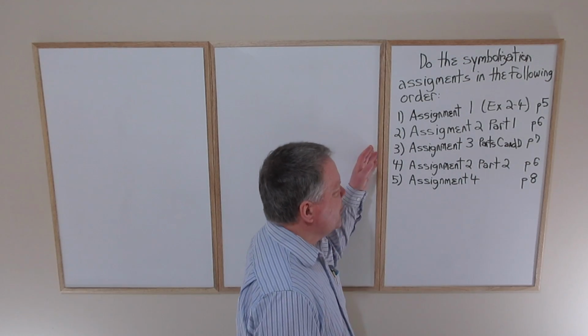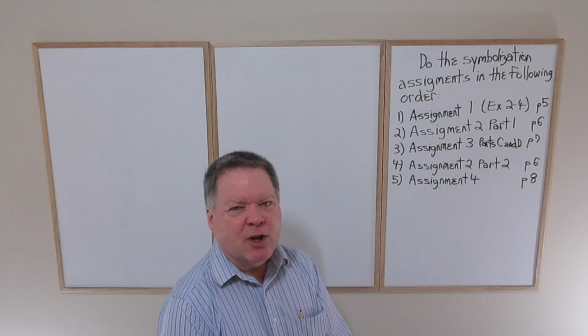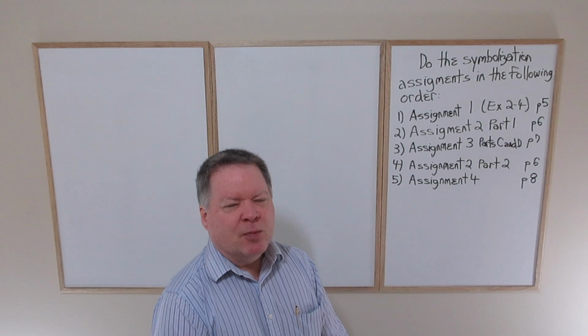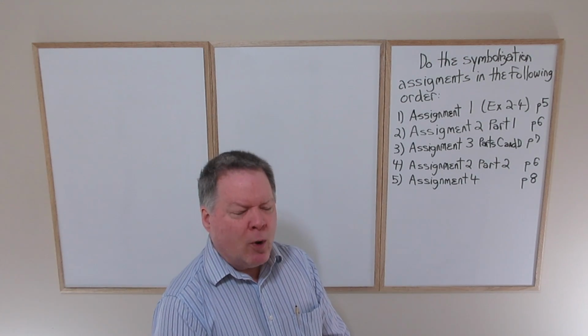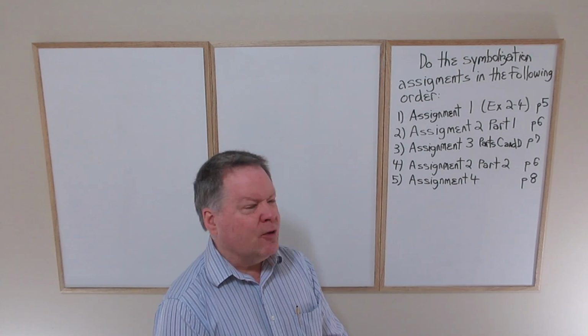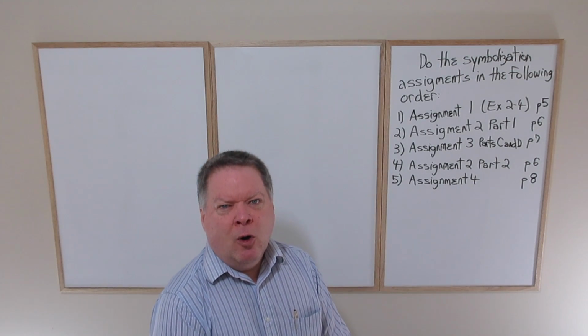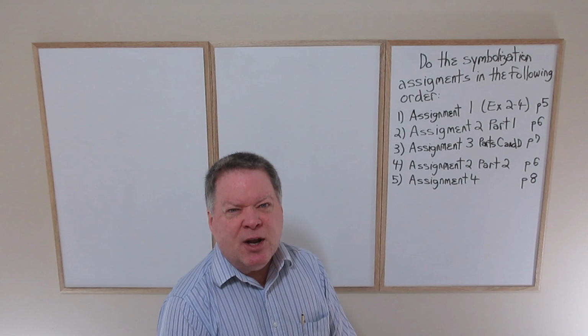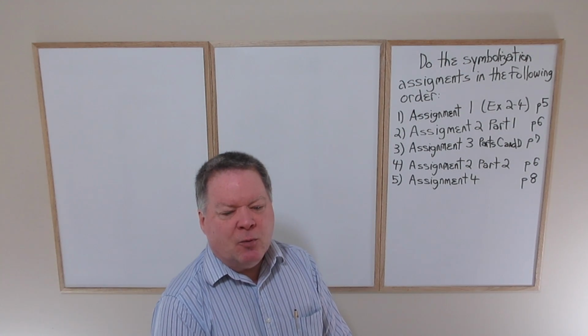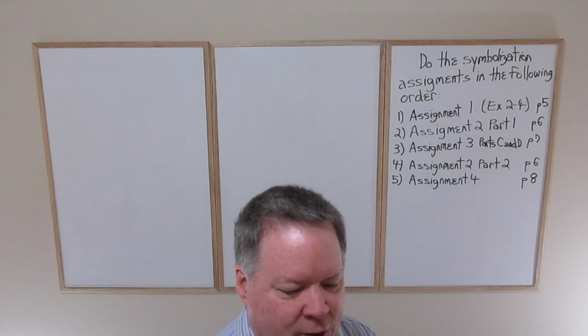The sentences themselves in assignment 3 aren't super complex, most of them. What's new about assignment 3, though, is that we see a number of logical words and indicator phrases that we haven't seen earlier.